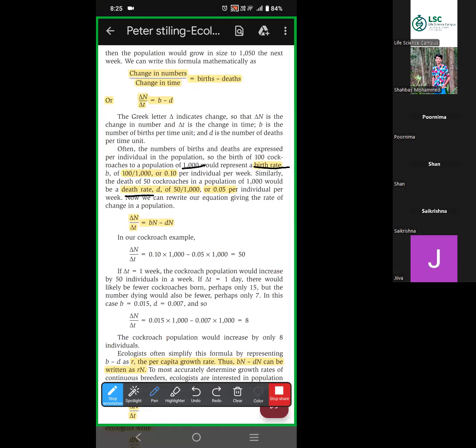In order to find out birth rate, we have number of individuals born divided by total number of individuals. So here we have 100 individuals born and total individuals present in the population was 1,000. So the birth rate is 100 divided by 1,000, that is 0.10. Is it clear? Clear now.